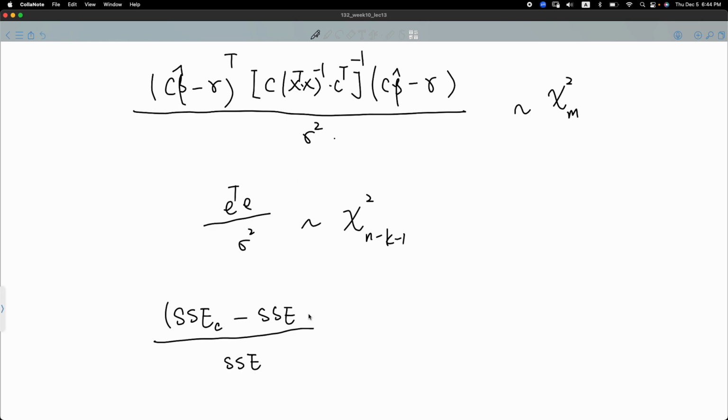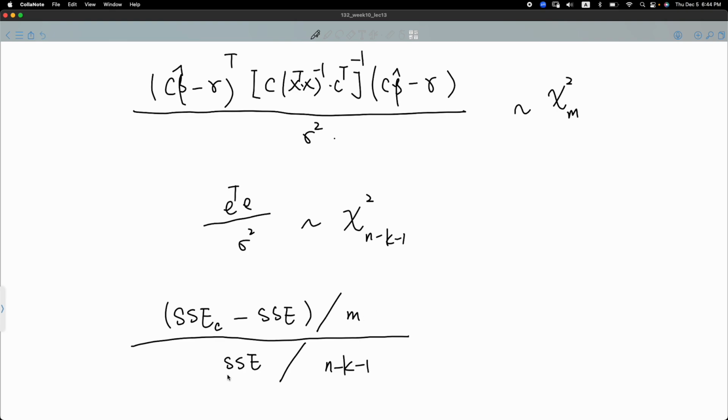So this part follows a chi-square distribution with degree of freedom m. And they are divided by the degree of freedom m for that, and then divided by the degree of freedom n minus k minus 1. So you have a chi-square random variable divided by its own degree of freedom on the numerator.